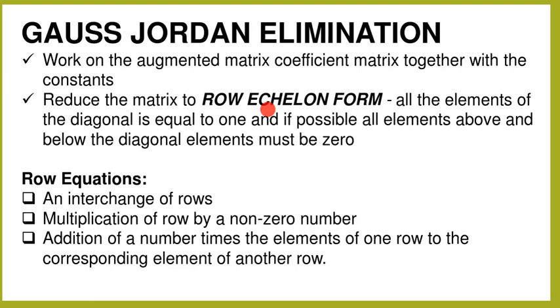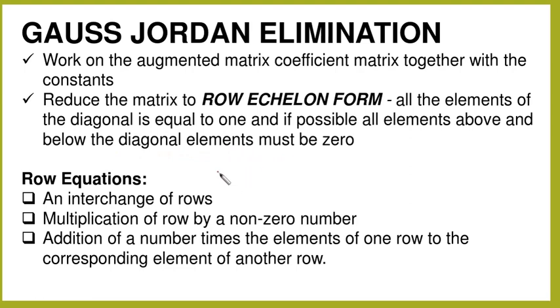And when we say row echelon form, that is the elements of the diagonal is equal to 1, and if possible, all elements above and below the diagonal elements must be 0.